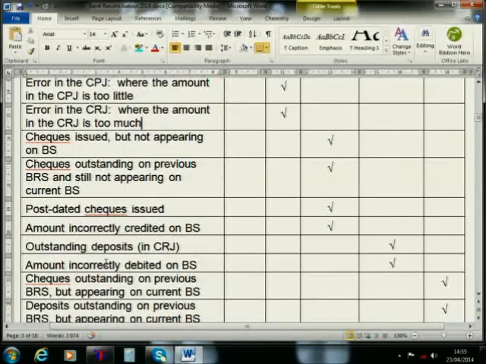Post-dated checks issued: you put it in the CPJ and you show it on your bank reconciliation statement as outstanding. Amount incorrectly credited on the bank statement, so we had to debit it on the bank statement.